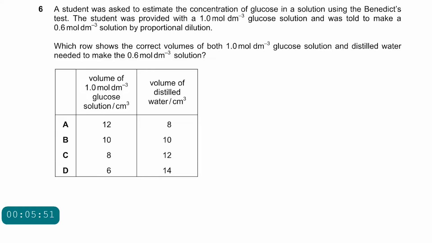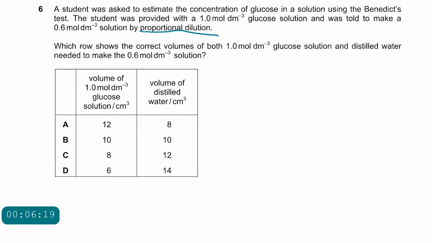Question 6. A student was asked to estimate the concentration of glucose in a solution using a Benedict's test. The student was provided with a 1 mol dm cubed glucose solution and was told to make a 0.6 mol dm cubed solution by proportional dilution. Which row shows the correct volumes of both 1 mol dm cubed glucose solution and distilled water needed to make the 0.6 mol dm solution?